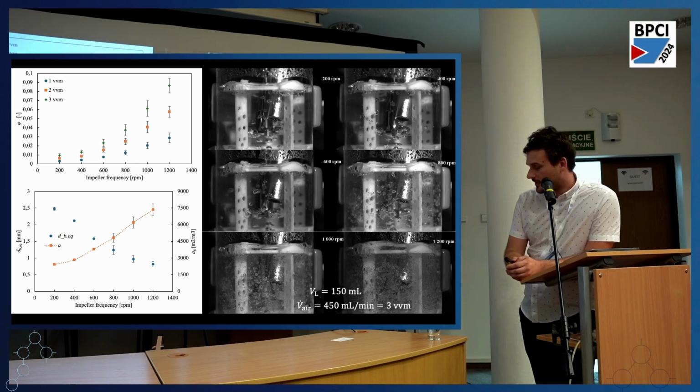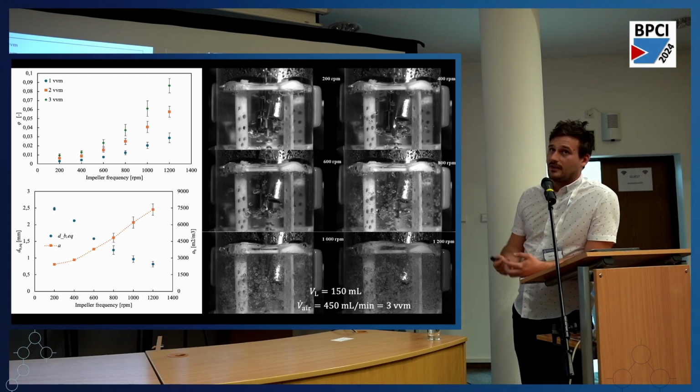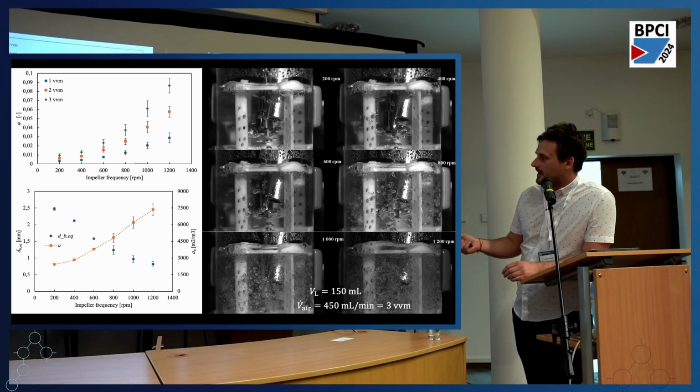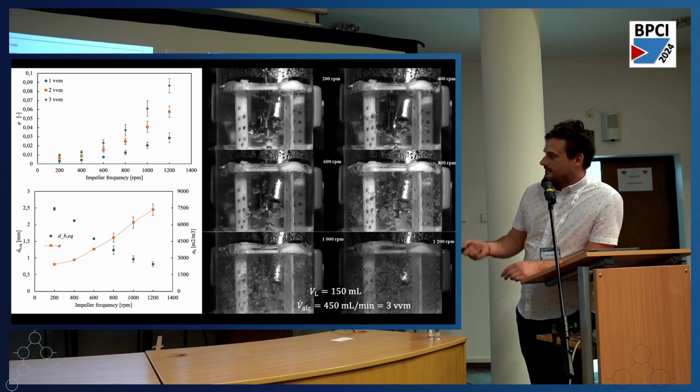At the second point, higher impeller frequency causes higher turbulence and bigger shear forces, which are, I don't want to say damaging the bubbles, but they are forming smaller bubbles. Also, you can see that this is the biggest one bubble, and here are pretty small bubbles. What does it mean?